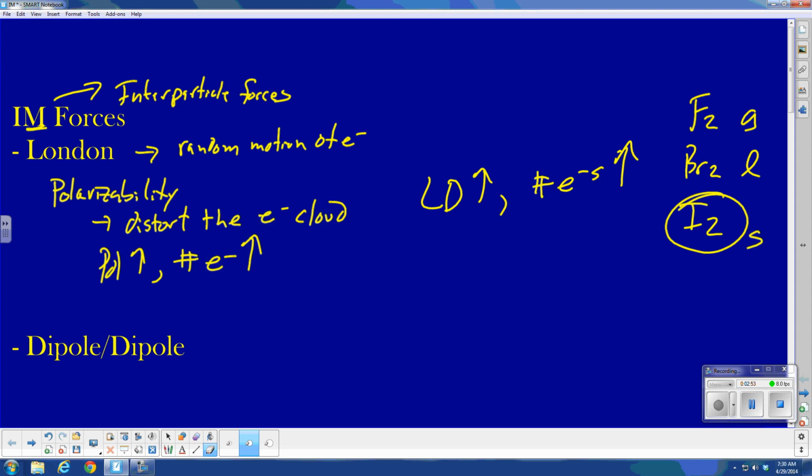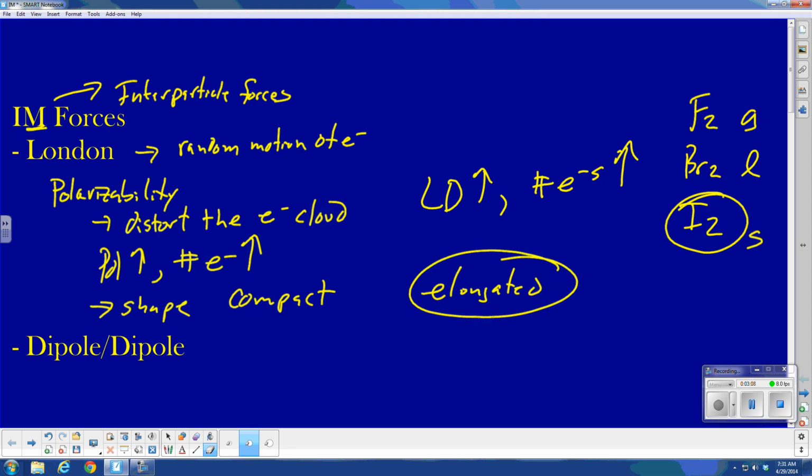The other thing that affects the strength of London forces is really the shape. Compact shape versus elongated or flat. The elongated shape will have stronger, higher London forces, mainly because if I have 2 shapes that are long like this, there is a lot of area here where I can have an interaction between my molecules.